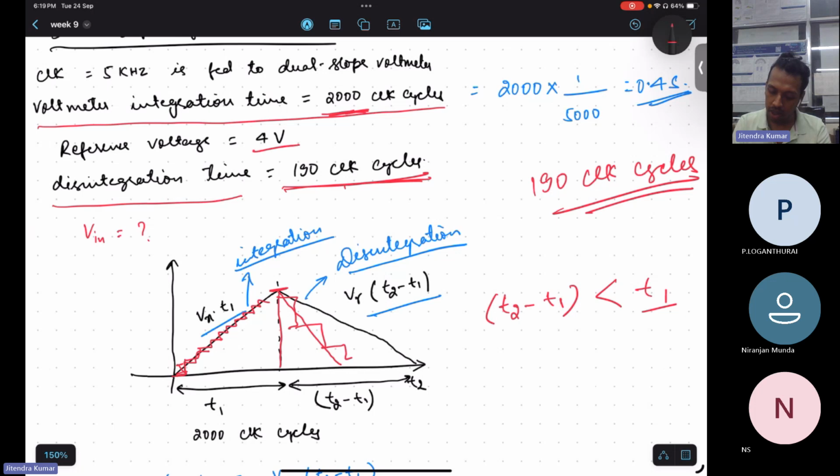This voltage value is 4 volt, and this 4 volt only gets disintegrated in this much time. But to calculate the resolution, we have to consider 2000 clock cycles because that is the highest.